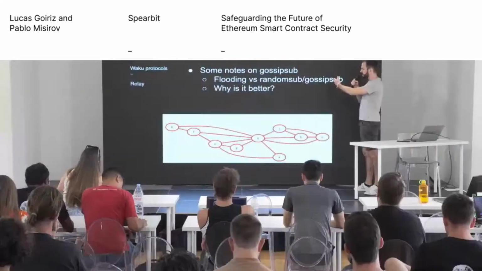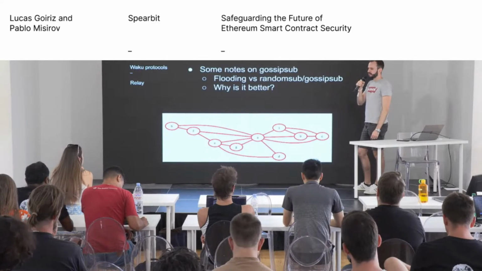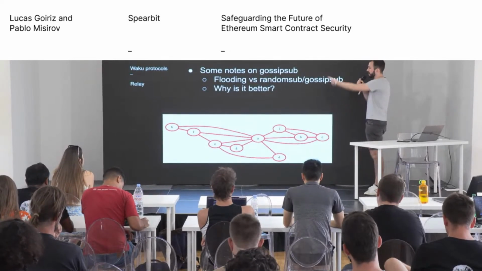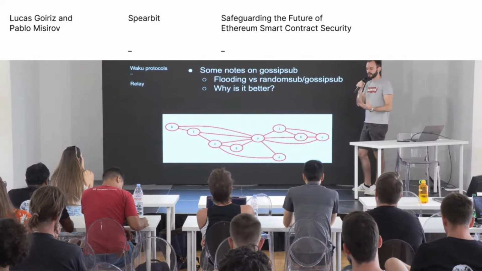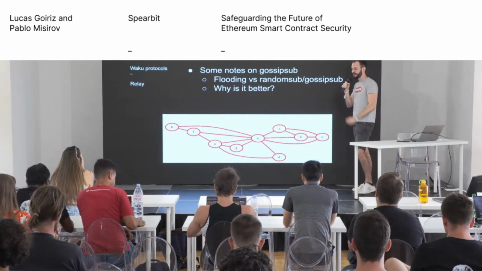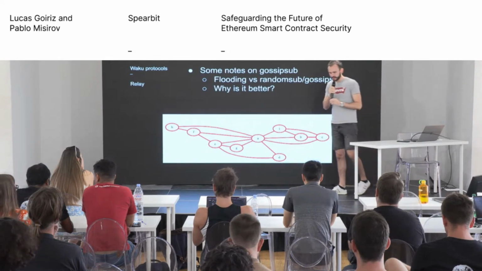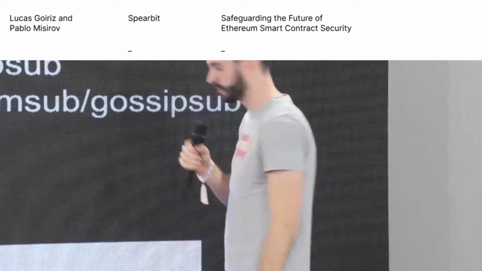So GossipSub is the protocol that fixes this. You also have other implementations of PubSub architectures like RandomSub that also do some tricks in order to ensure that the message is delivered to the whole network, but without having a lot of duplicates. There is a very important parameter that is called the replication factor. The lower, the better.